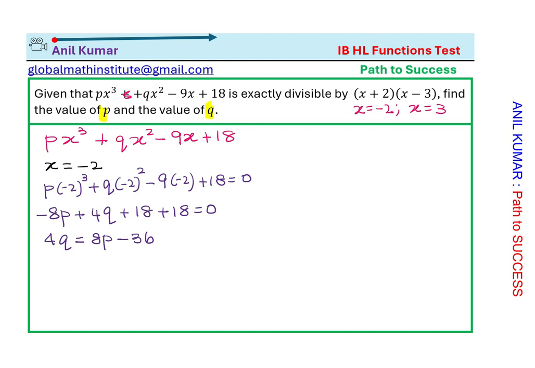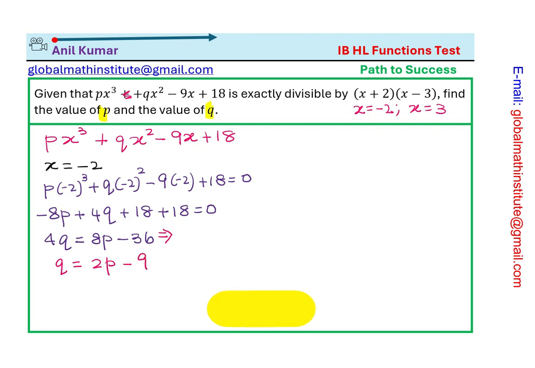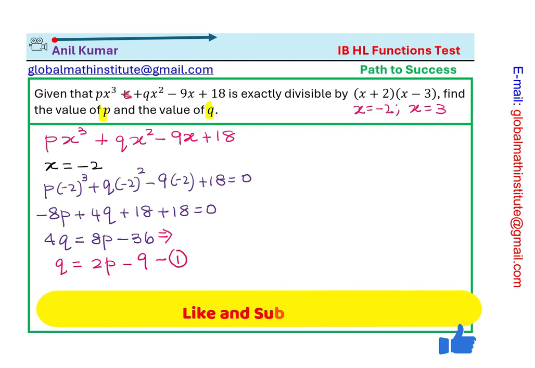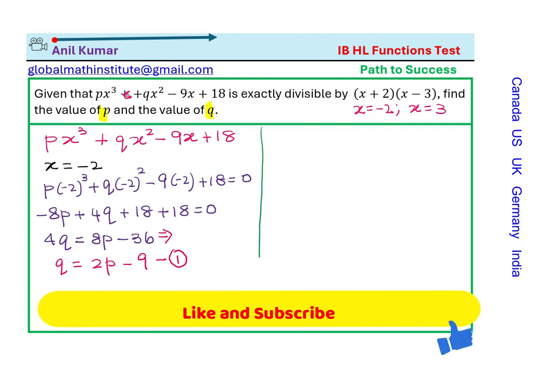And since 4 is a common factor in all of them, we get our first equation, which is q equals, so we are dividing everything by 4 first, 2p minus 9. Correct. So we get our equation, and we'll name this as our equation number 1. Perfect. Let's move forward and get the second equation.